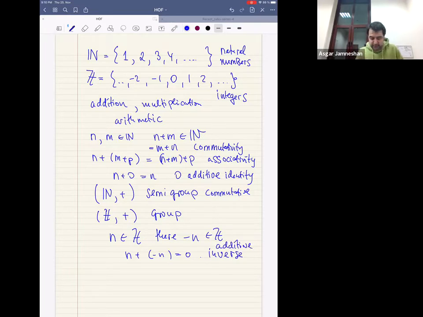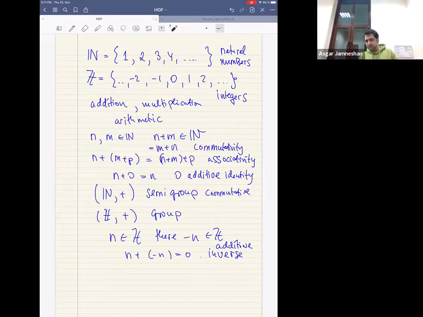All right. So a group here means that we have these properties. A commutative group. So we have commutativity, we have associativity, we have an additive identity, and we have also an additive inverse for every element. An inverse just means that there is a unique element such that if I add them together, I get the additive identity.